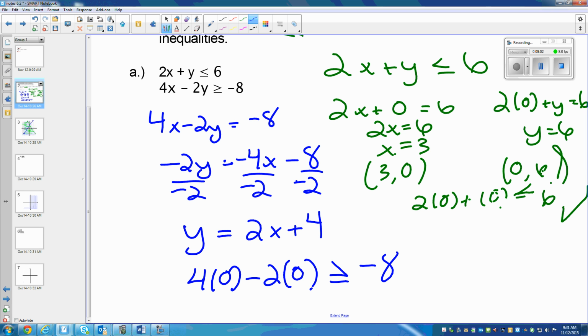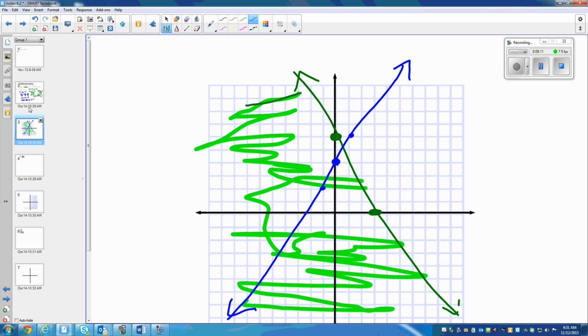Yes. So that's a yes. That means we color on the side of 0, 0 again. So coming over here, we color on this side.